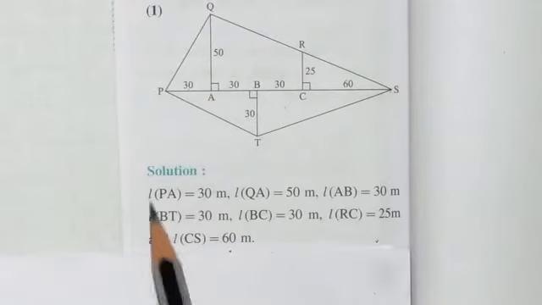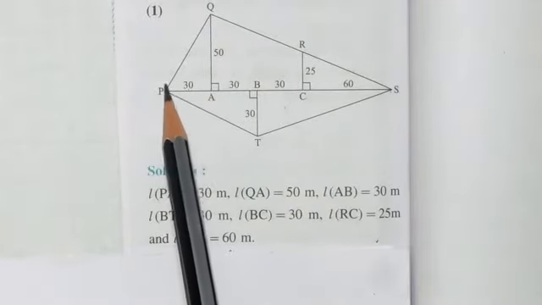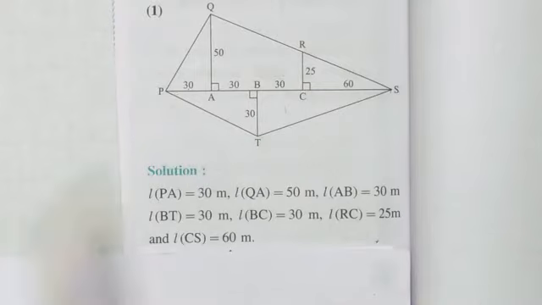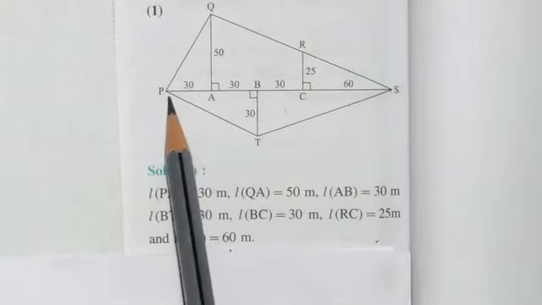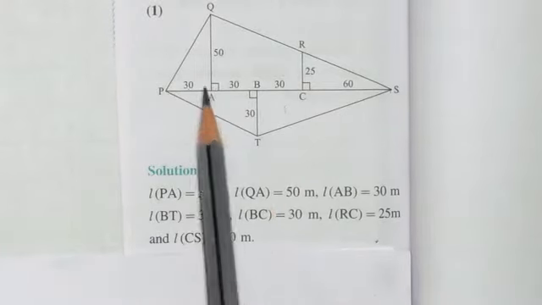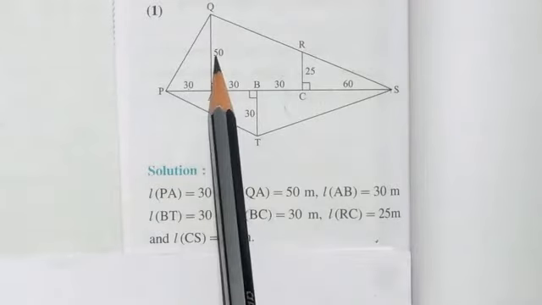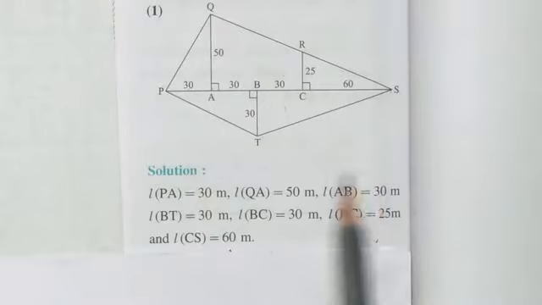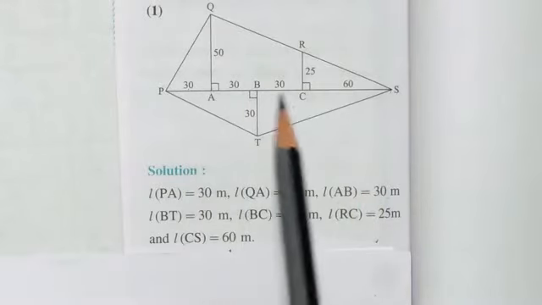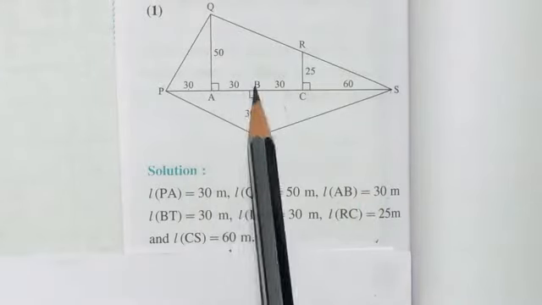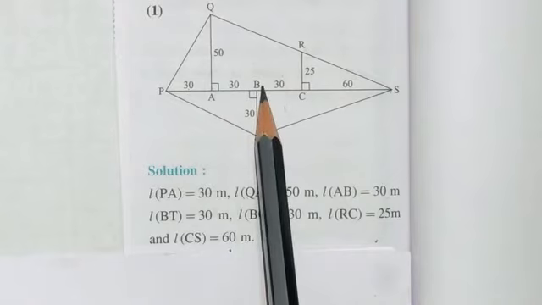At first we have to write the length of PA. It means this one is 30 meter. Then length of QA, this is 50 meter. Then length of AB, A to B, this one is 30 meter.